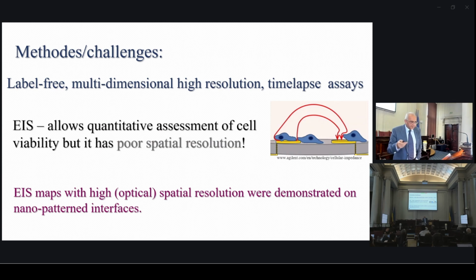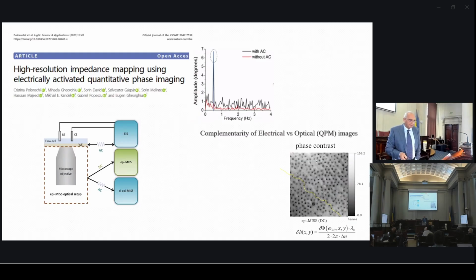The point was that our group was pretty interested in deriving electrical impedance maps with optical resolution. So that's actually the take-home message that I wanted to give.